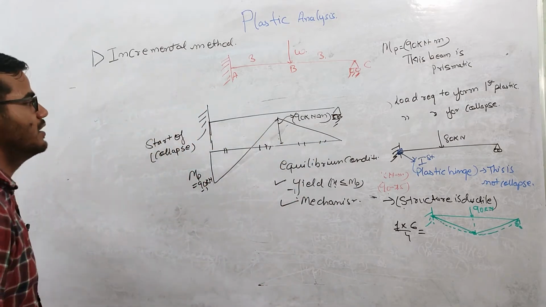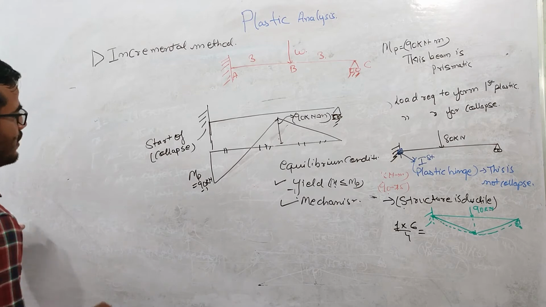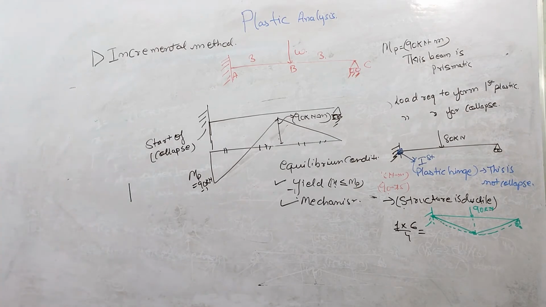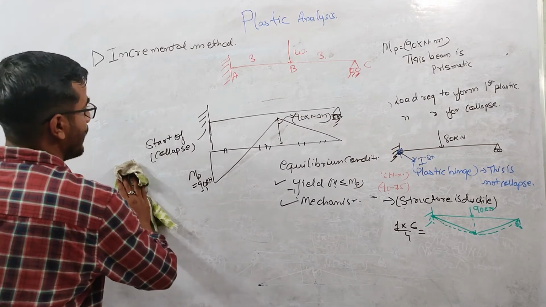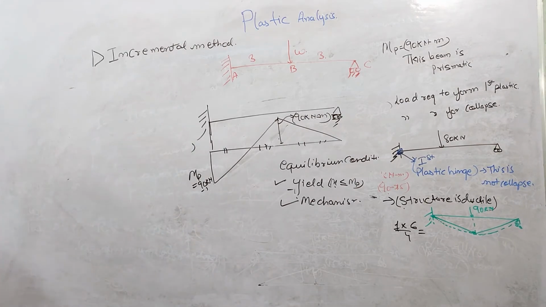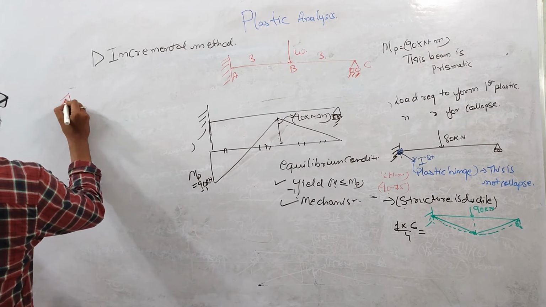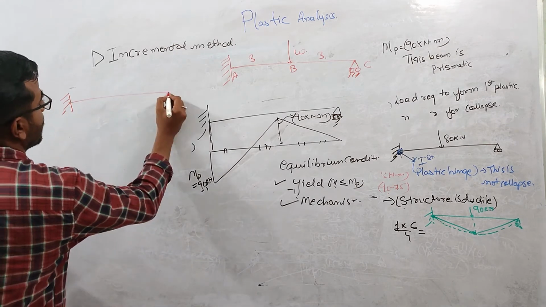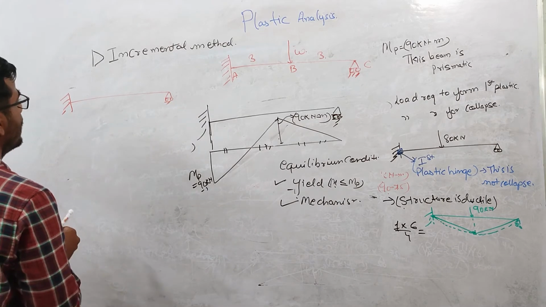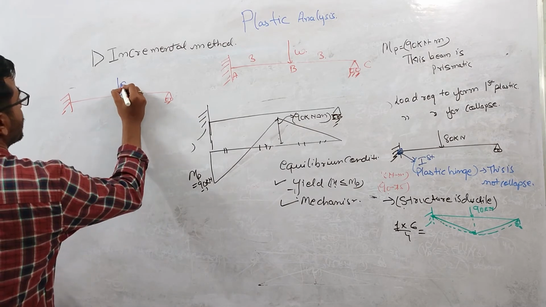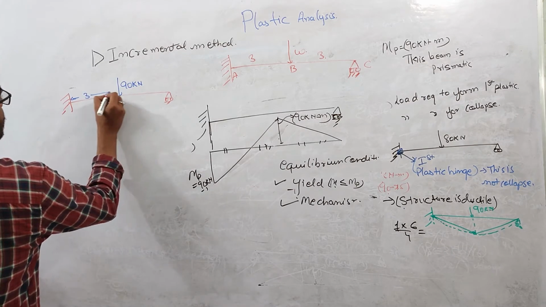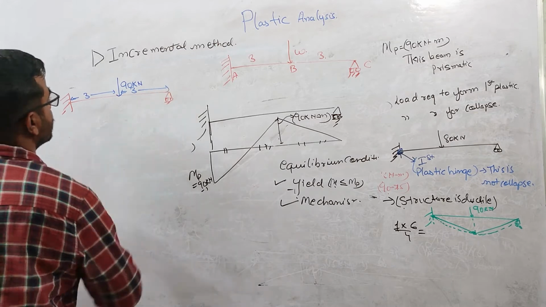Now what about the equilibrium condition? For the equilibrium condition, let us suppose this is the beam and we are applying a load of 90 kilonewton. This is 3 meter and this is again 3 meter.